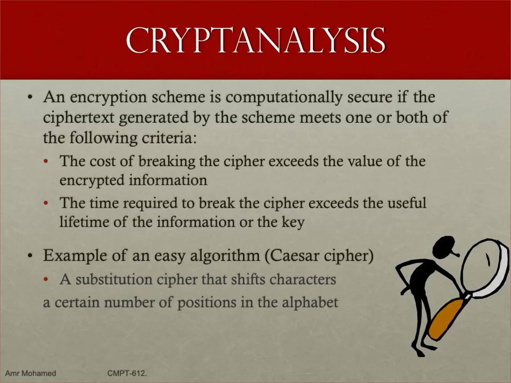And there is no such thing as attack proof or 100% attack proof. So an encryption scheme is computationally secure if the ciphertext generated meets one or both of the following criteria.